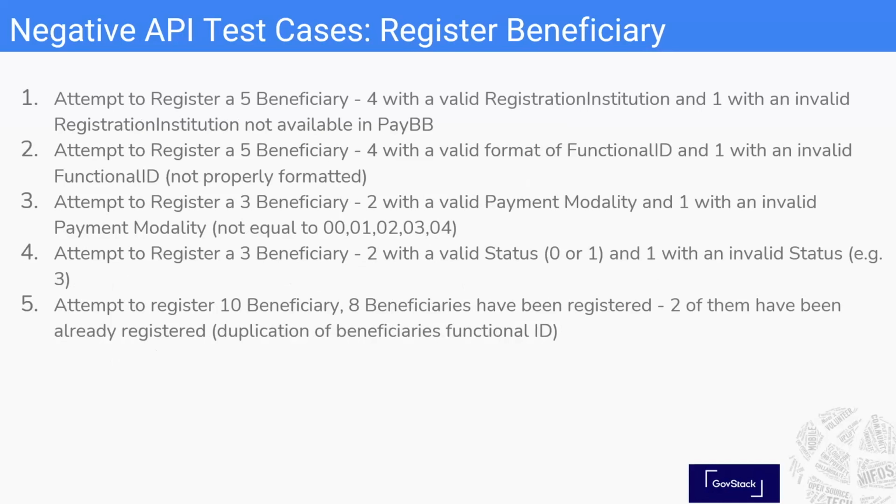Some of the negative test cases you could do for the register beneficiary operation is that perhaps you're trying to register, let's say, 5 beneficiaries, but 4 come with a valid registration institution ID, for example, and 1 with an invalid registration institution ID. Or it could be for other instances as well.